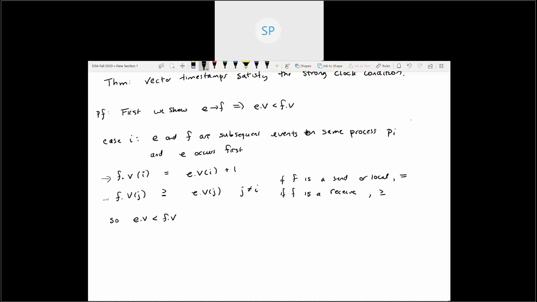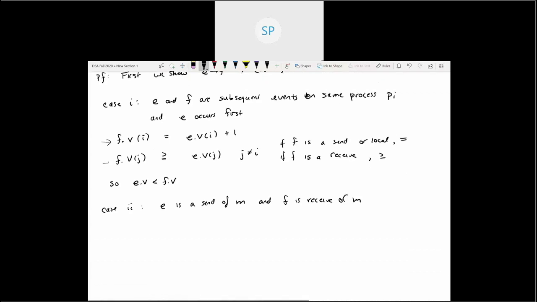So now we're going to look at the second case, where E is a send of a message M and F is the receive. And we're going to do a similar analysis. We're going to say that the send happened at P_i and the receive happened at P_j.